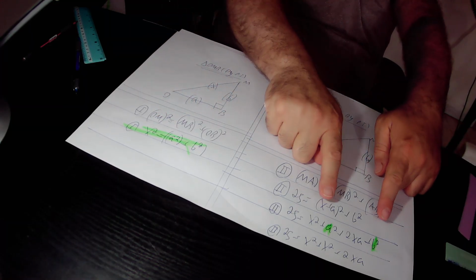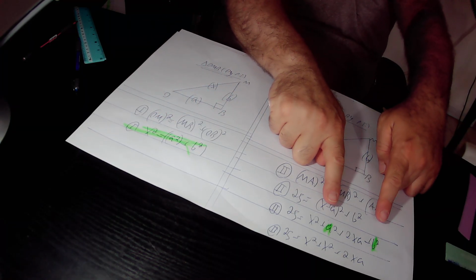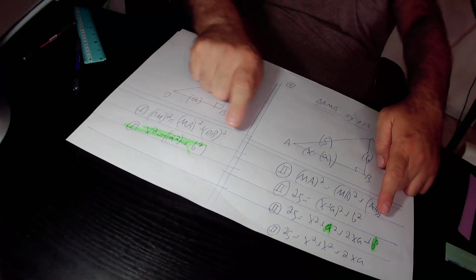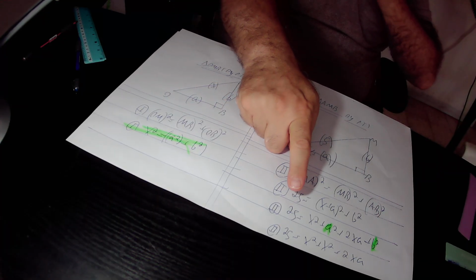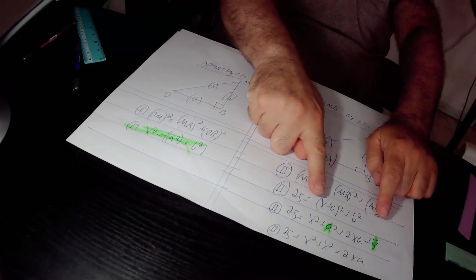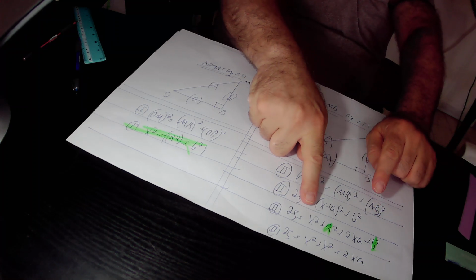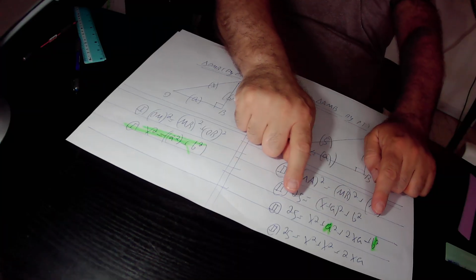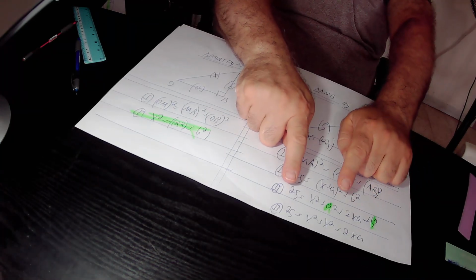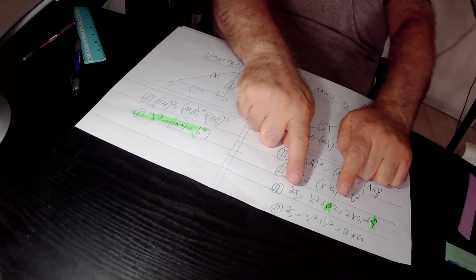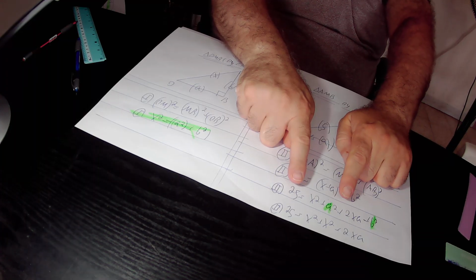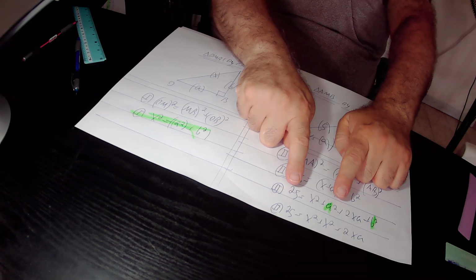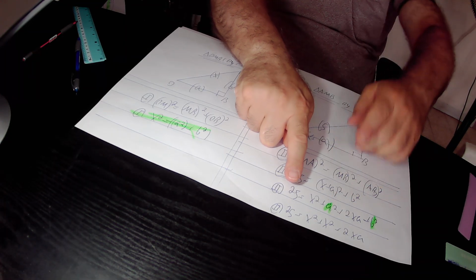Therefore, we can substitute a squared plus b squared in equation 2 by x squared from equation 1. We did it, and we find that 25 equals x squared, and we have x squared again, plus 2xa. x squared plus x squared is 2x squared. So in total, 25 equals 2x squared plus 2xa.